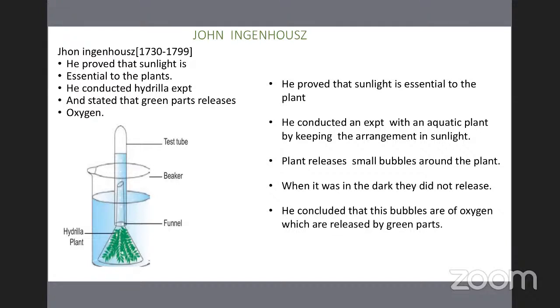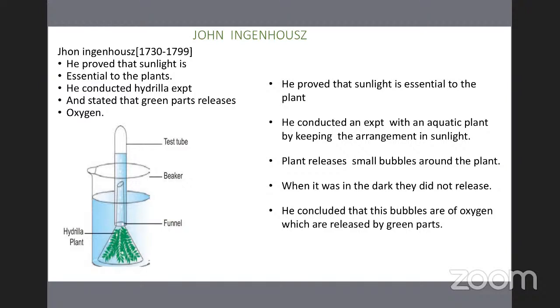John Ingenhousz, one more scientist, made experiments proving that sunlight is essential to plants to perform photosynthesis. Yesterday, we discussed the factors of photosynthesis. There are 4 important factors.